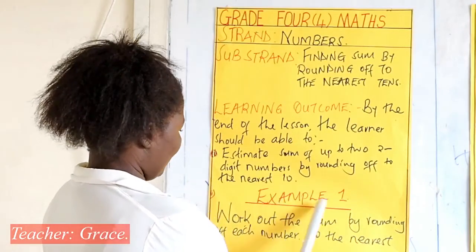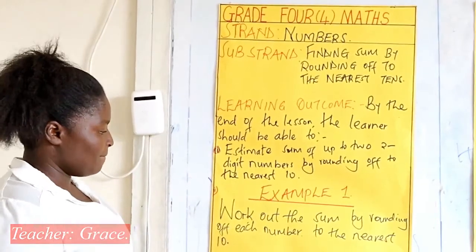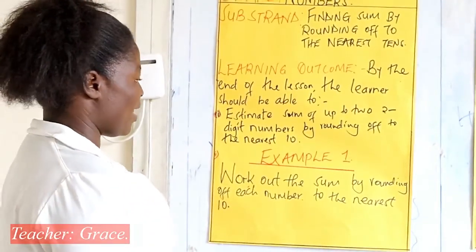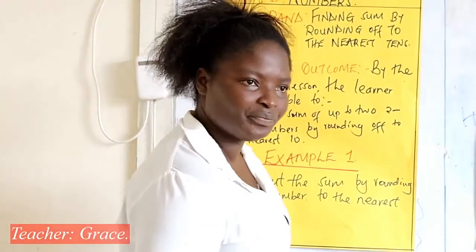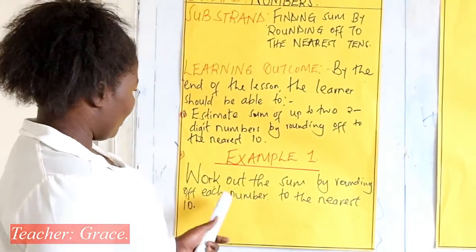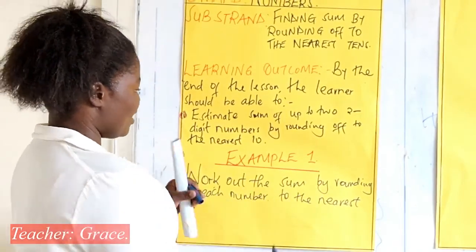The first example, I want us to work out the sum by rounding off each number to the nearest 10. Learners, in our question here, we have the word sum.